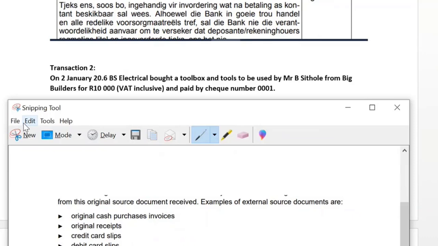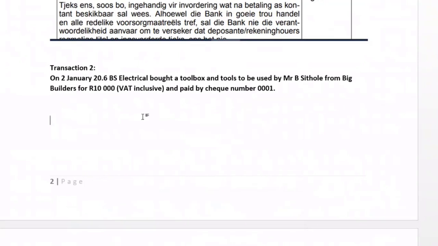So on the 2nd of Jan, BS Electrical bought a toolbox and tools to be used by Mr. Sitole from Big Builders for 10,000 and paid by check number 003. The main thing here is, what is the evidence that Mr. Sitole received, that he bought the toolbox from Big Builders?